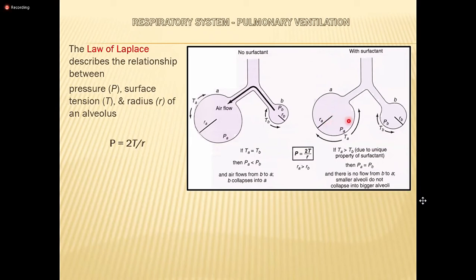So there is no flow from B to A. So the smaller alveoli will not collapse into the bigger alveoli. See? So the radius doesn't matter much if there is surfactant. Okay?